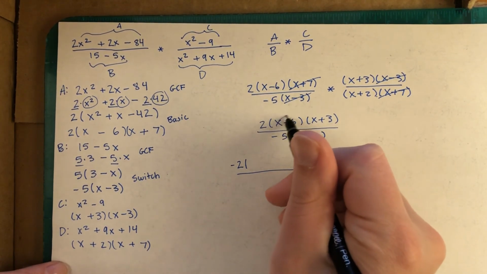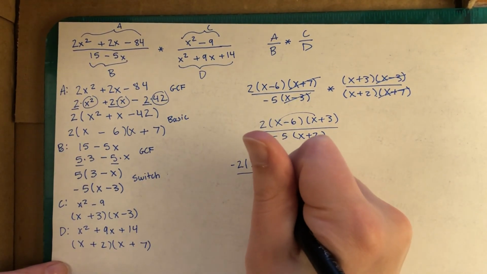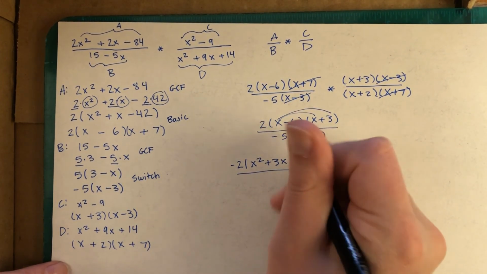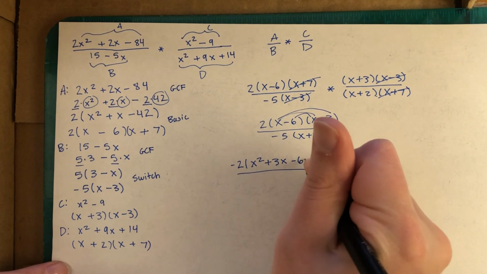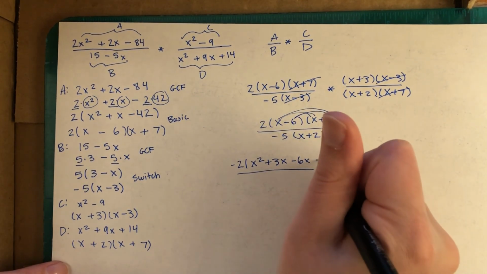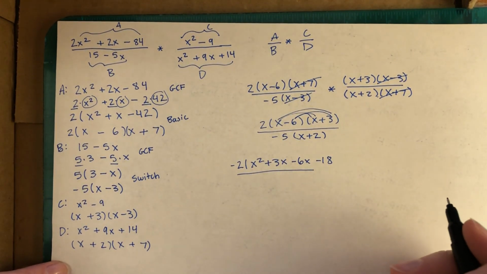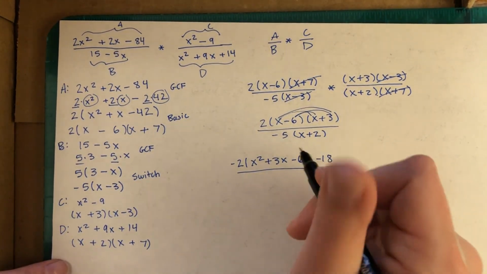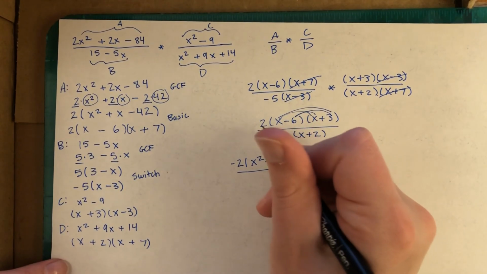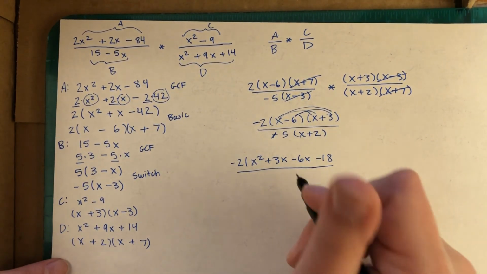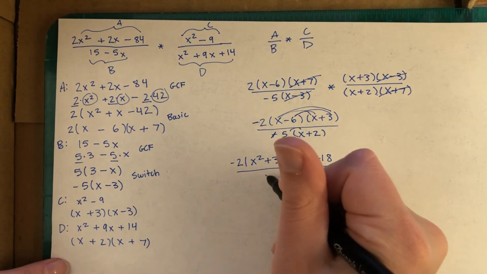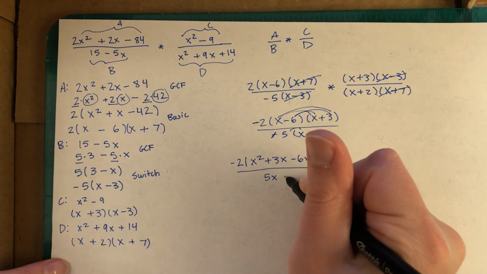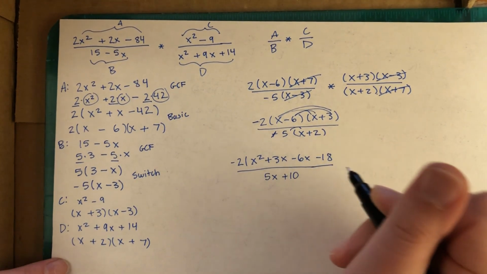So x times x makes x squared, plus 3x, minus 6x, minus 18, divided by, remember I moved this negative sign to the top, so this is just going to be 5 times x is 5x. 5 times 2 is 10.